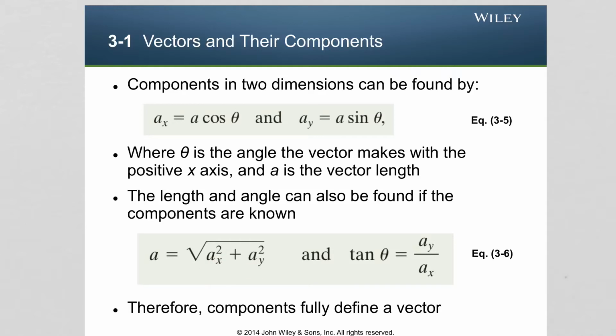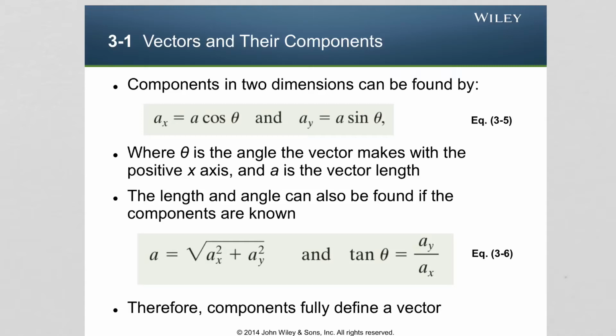And then the angle that the vector makes with the positive x-axis can be calculated as: tangent of theta is equal to the ratio of the y component divided by the x component. So therefore, the components of the vector fully define the vector.